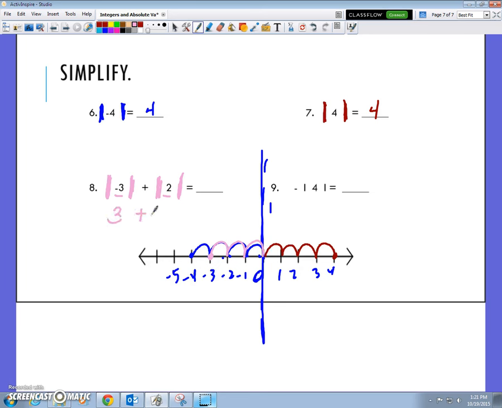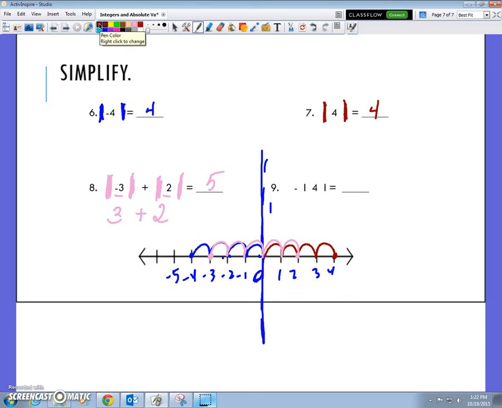And how far away is 2 from 0? 2. So what we have here is 3 plus 2. The distance away from 0 of -3 is 3. The distance from 0 of 2 is 2. So 3 plus 2 is 5. All right. So no combining in your absolute values. Pay attention.